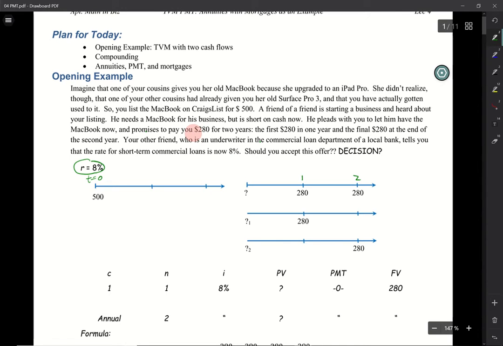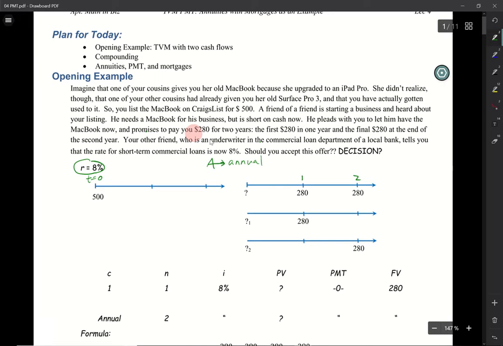Okay, and it doesn't say anything about compounding. It doesn't say compounded quarterly or monthly or something. So what do you assume if it doesn't say anything? Annual. So you always assume annual.